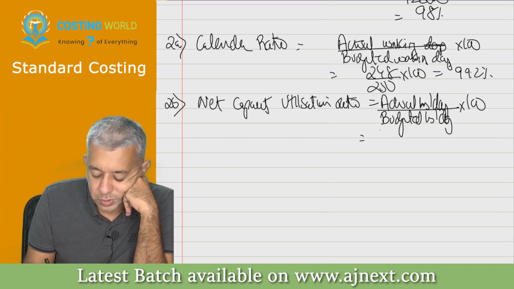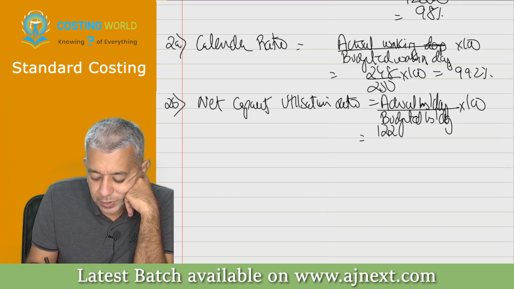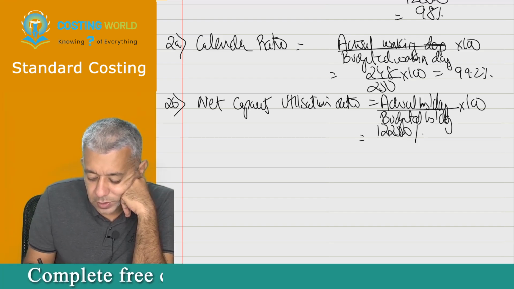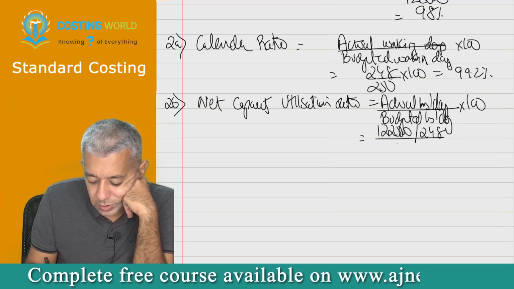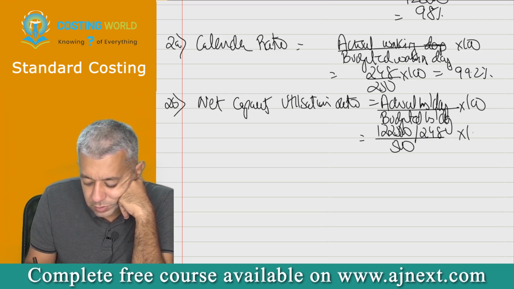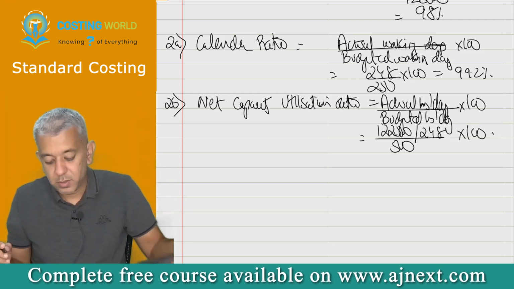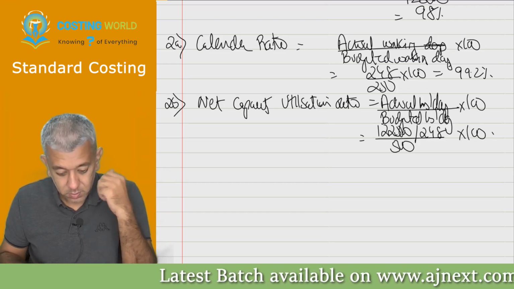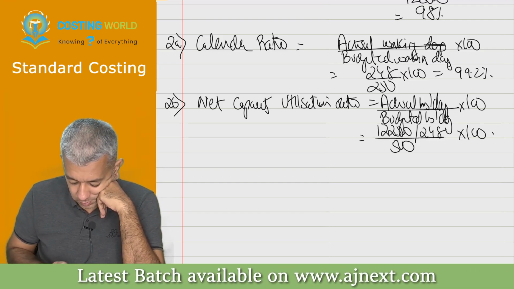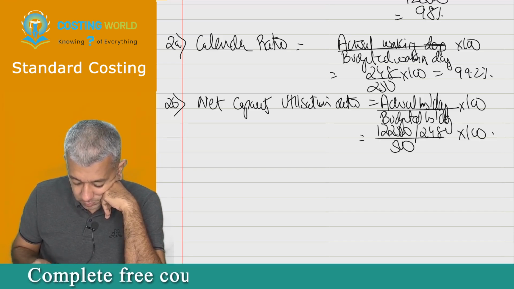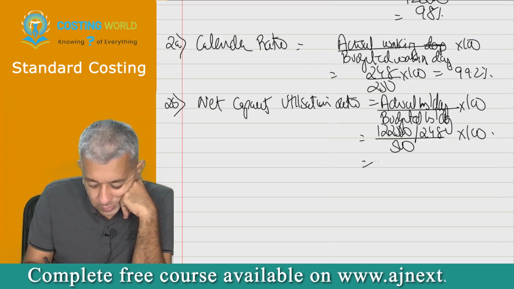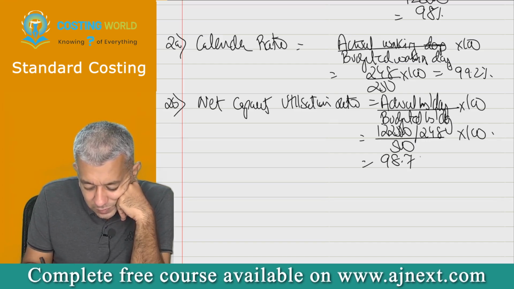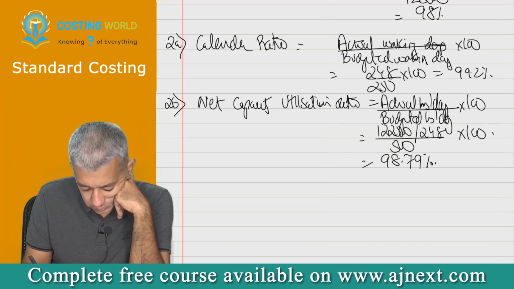So, this will be 122,500 divided by 248 upon 500 into 100. Is it 98.79%? Yes, sir.